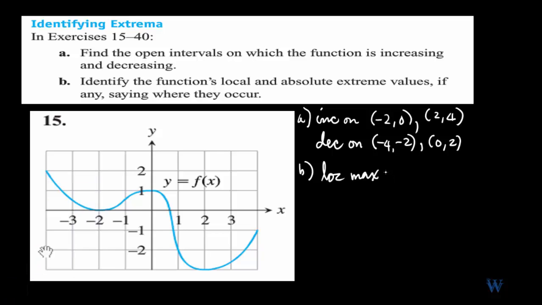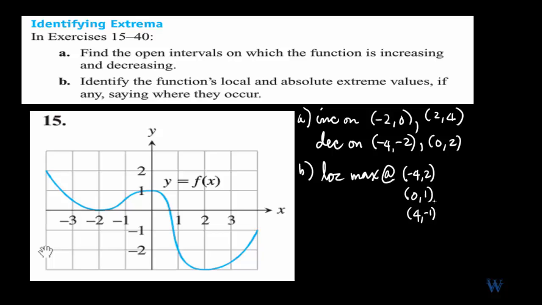So local max would be at the points (-4, 2). Now remember, these are not intervals, these are points. And then you have (0, 1), right? When x equals 0, y is 1. And when x equals 4, y is -1.